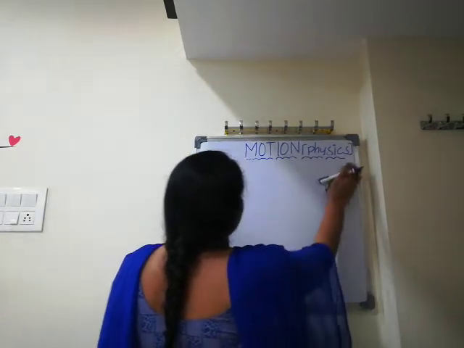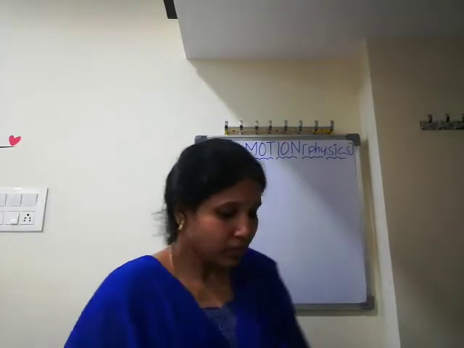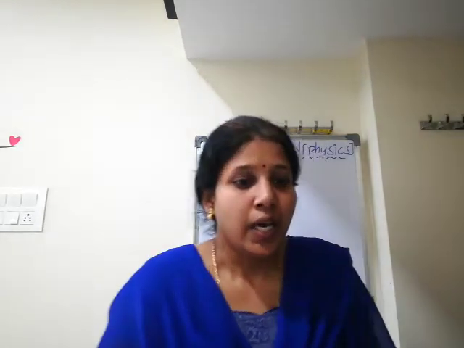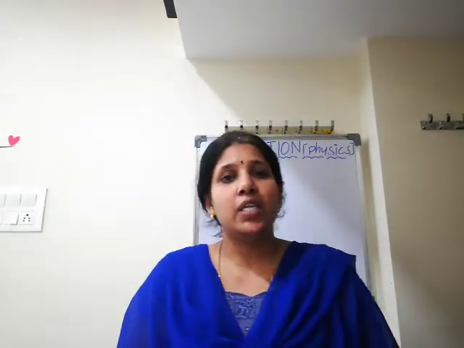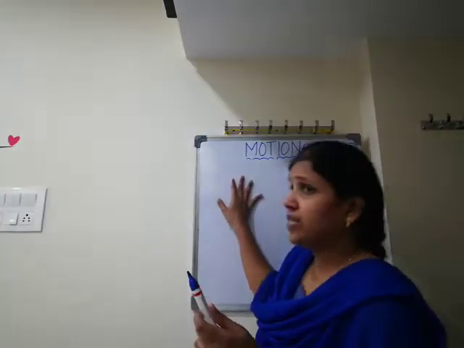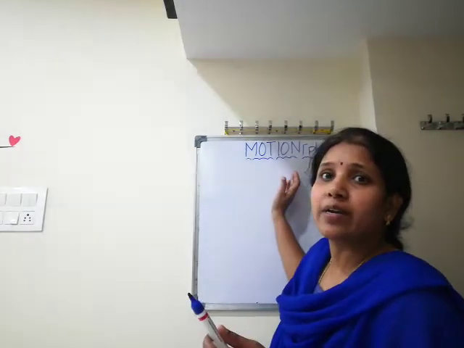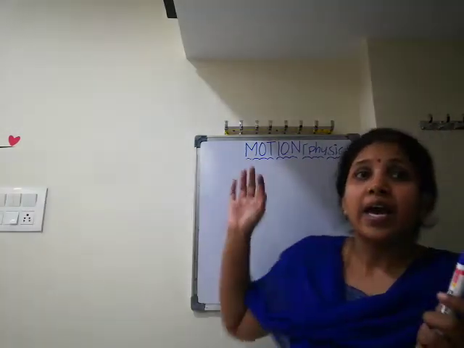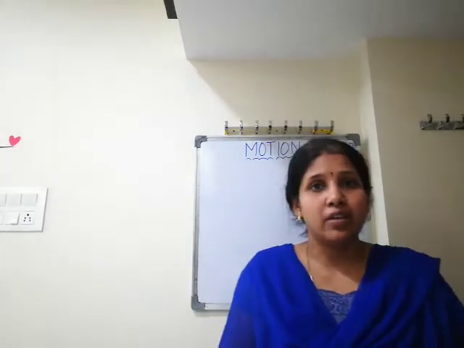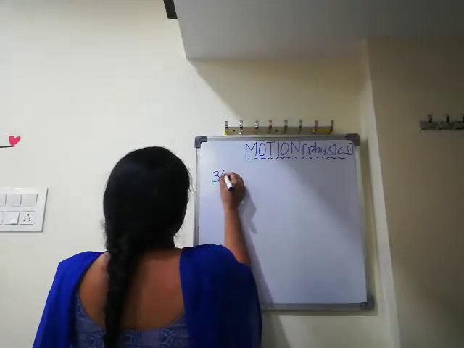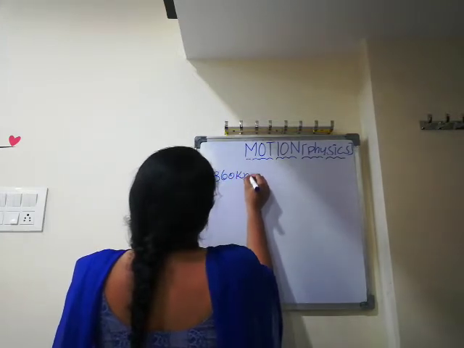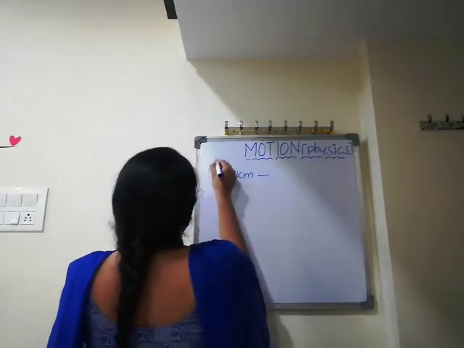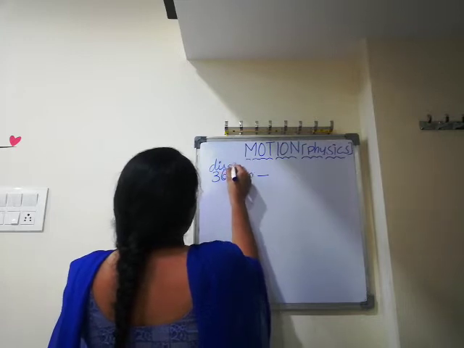Here one example is given. Let the displacement of the train in the above example, the same example, train coming from Sirpur Kagajnagar to Hyderabad, be 360 kilometers. Displacement of the train is 360 kilometers. This is what, children? Displacement.